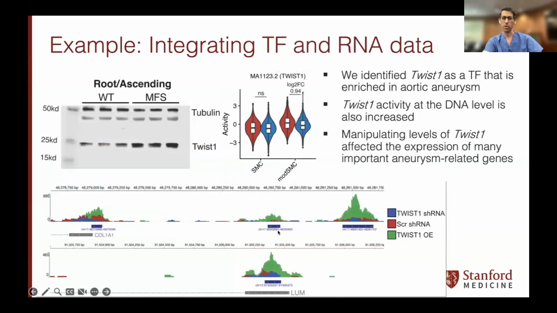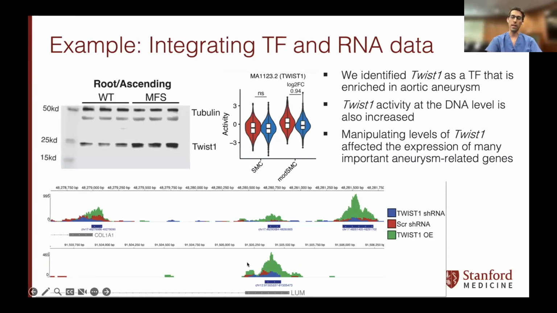So in some of our early work, we showed in Marfan syndrome that a transcription factor called TWIST1 was elevated in the tissue at the protein level and was also elevated at the DNA level. Trying to understand how this affects the Marfan disease process, we overexpressed and blocked TWIST1, and we could see that it regulated certain genes that were specific to aneurysm formation, here specifically collagen 1 and lumican.